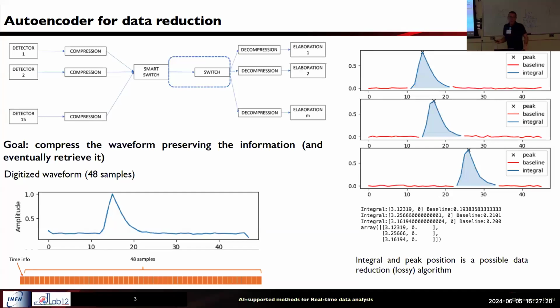So if you think about the traffic on the network, the only way to reduce the data volume that you are moving from one point to another is to either reduce the rate or reduce the size. And this is why compression of data can be a possible tool to reduce the load on the network. This is in particular important for streaming readout.